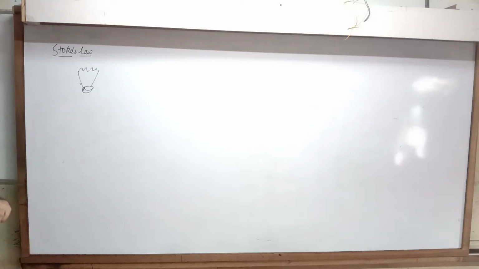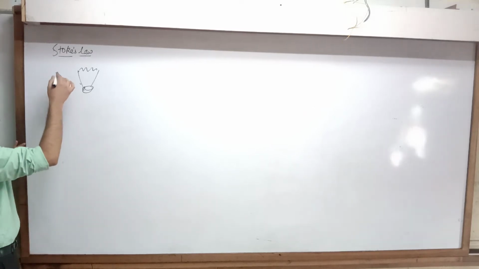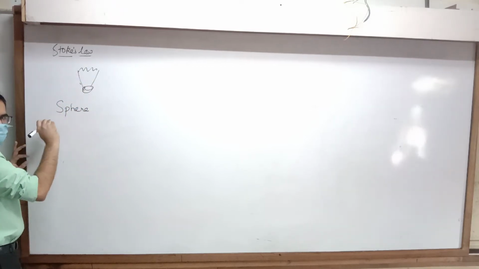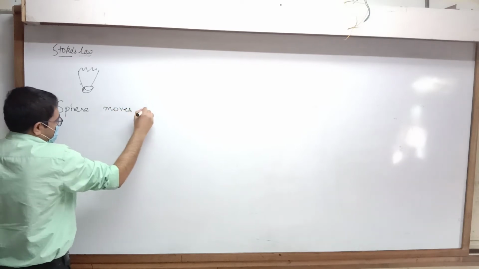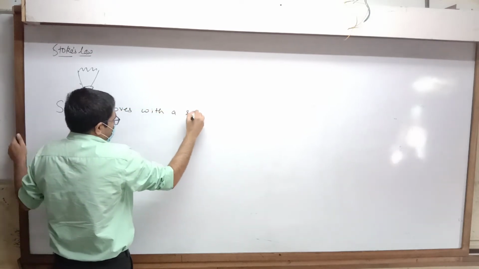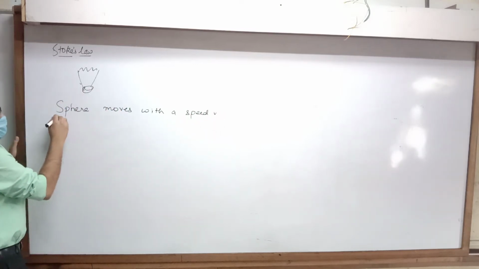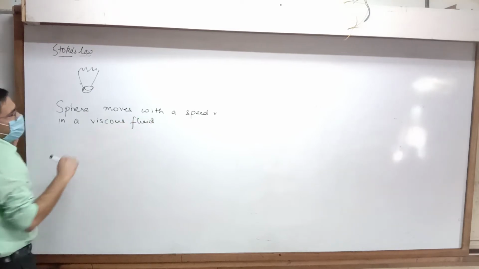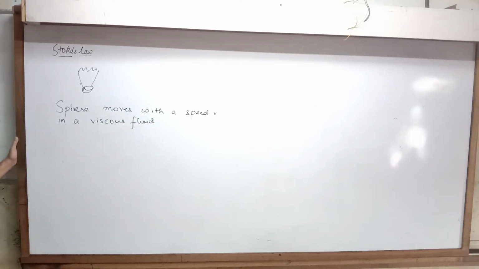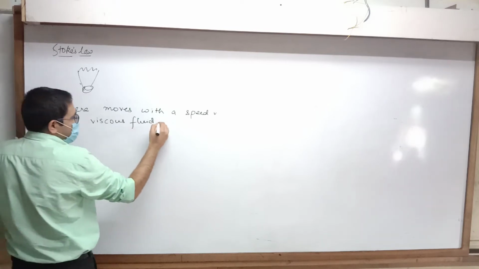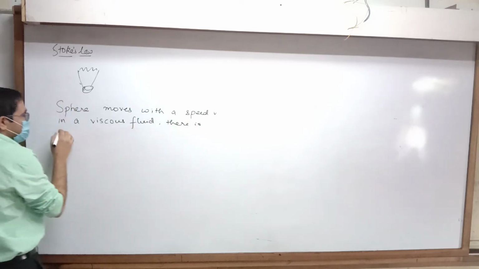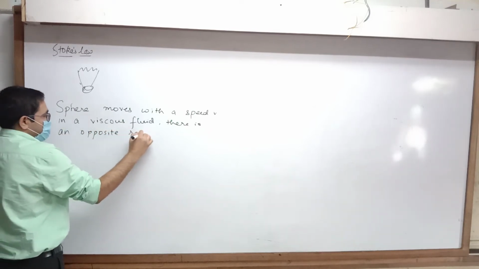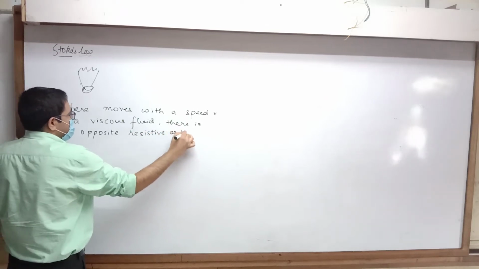Whenever some sphere moves with a speed v in a viscous fluid, there is an opposite resistive or viscous force.